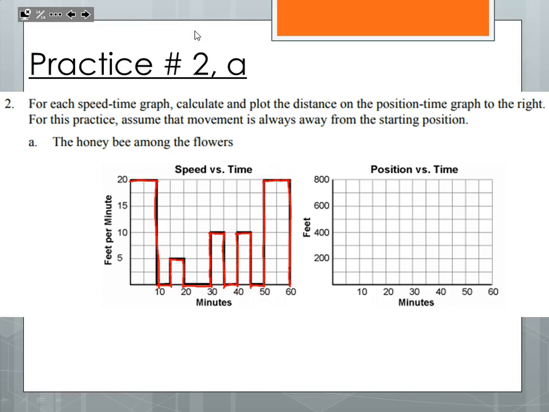The question asks us to calculate and plot the distance on the position time graph. So if we're looking for distance, remember, we get our triangle, d over vt. We know that distance equals v times t. So I'm going to use my little area over here to remind myself that d equals v times t.